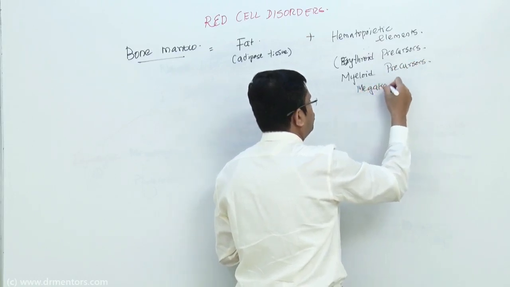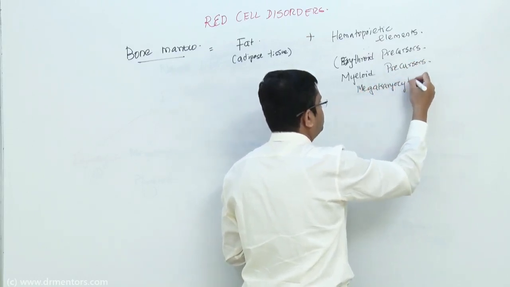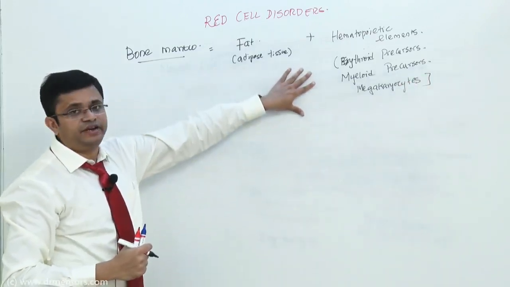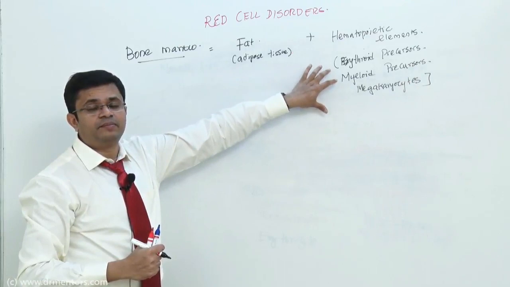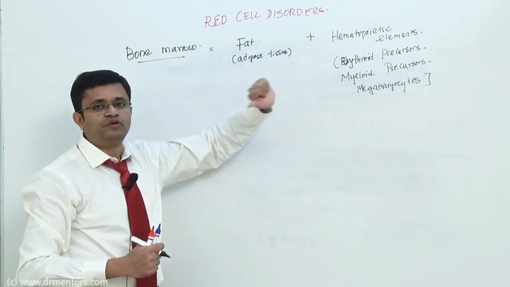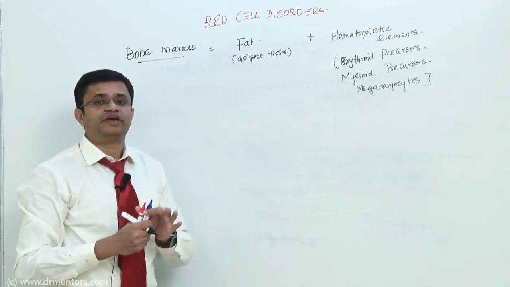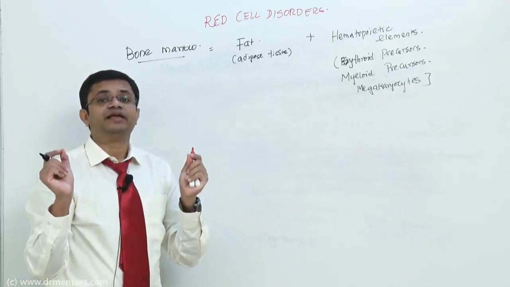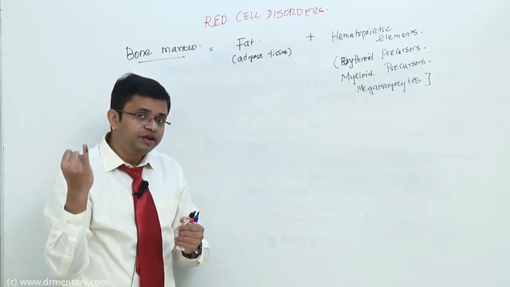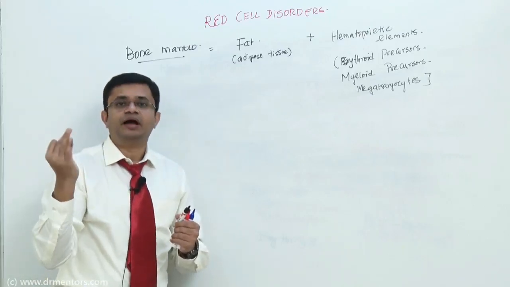Any pathologist who looks at a bone marrow under the microscope will come across these three things, and these are what he will be looking for. That's why we often say hematopoiesis is tri-lineage hematopoiesis. Tri-lineage means we have erythroid lineage, myeloid lineage and megakaryocytes.